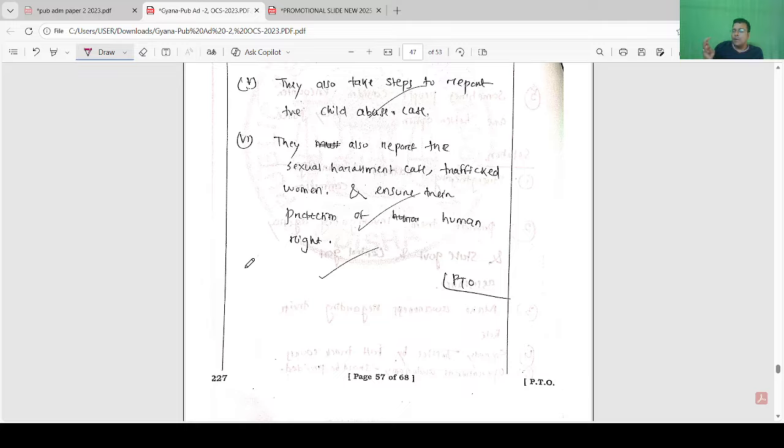Suggest government, advise government to make policy related to human rights protection. Raise human rights awareness. Implement international treaty related to human rights. Take suo motu cognizance or after taking a complaint. Monitor work of SHRC, State Human Rights Commission.